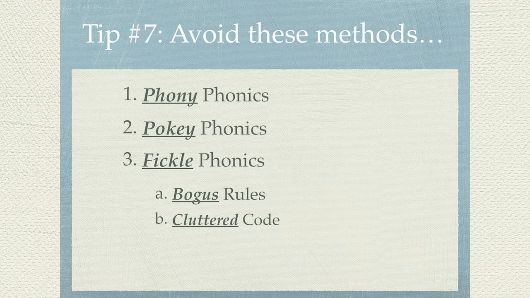A cluttered code. Okay, when we're teaching a complicated subject, and teaching a language that has over 1 million words might qualify it as a complicated subject, right? When we're teaching a complicated subject, we want to reduce it down to its core components.